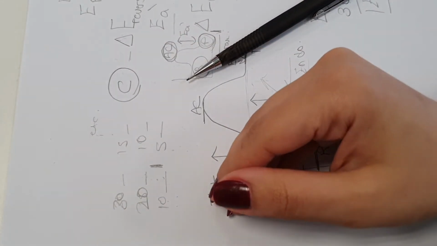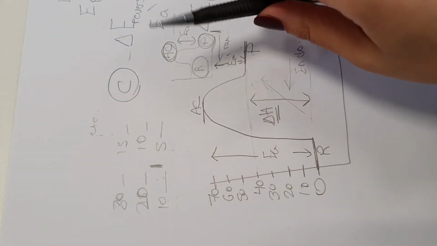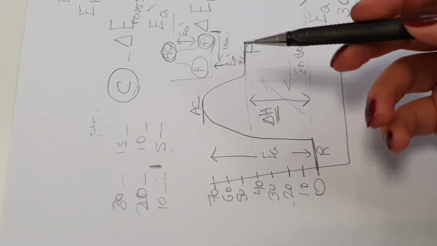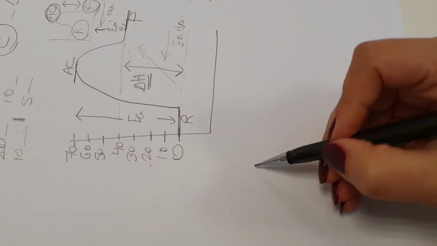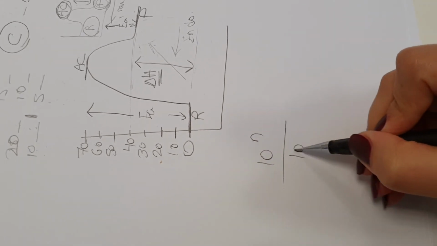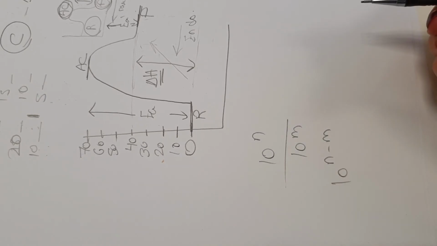Don't put the tens in your calculator. Okay? The power of tens, do it aside. Simply, 10 to the power n divided by 10 to the power m is 10 to the power n minus m.